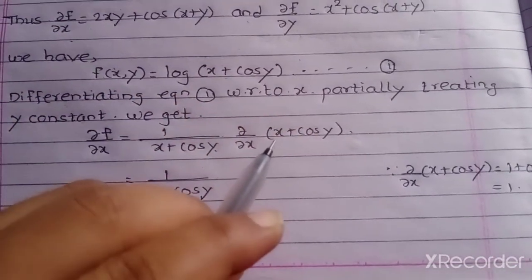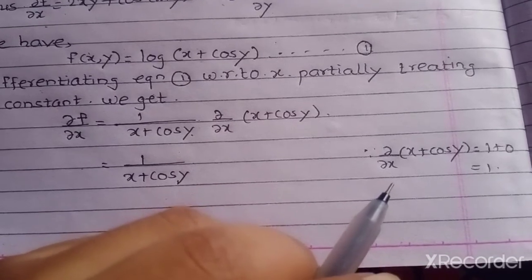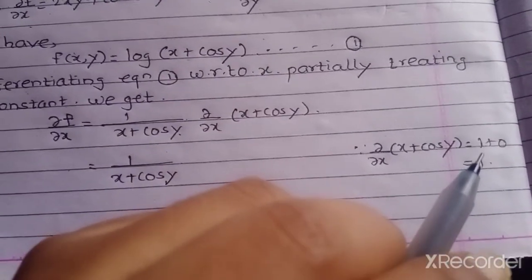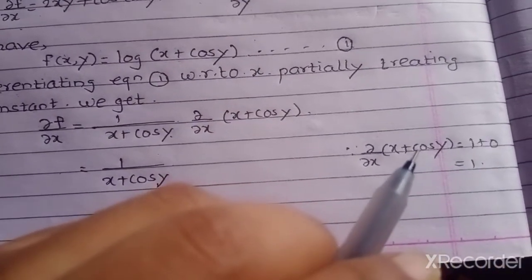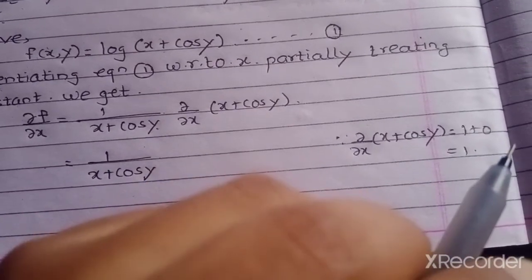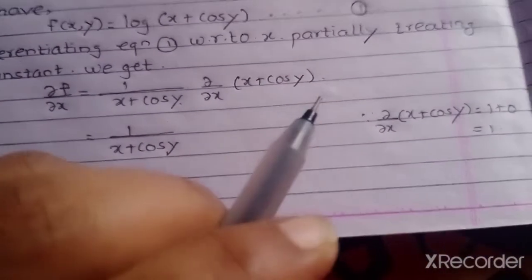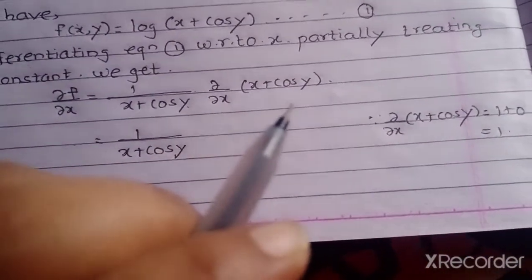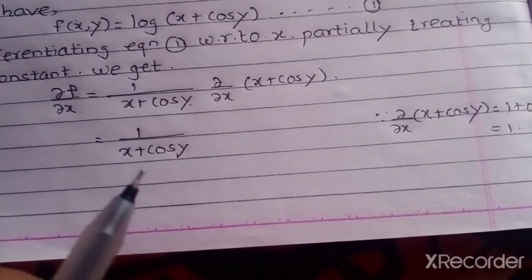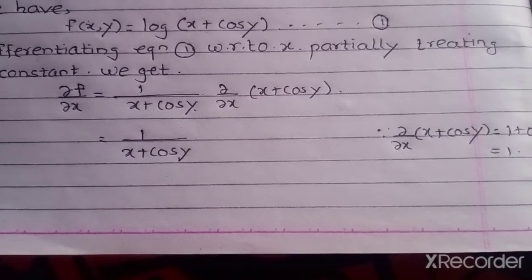The derivative of x with respect to x is 1, and cos y is a constant, so its derivative is 0. So 1 plus 0 is 1. So 1 into this term we get as it is. This represents our ∂f/∂x.